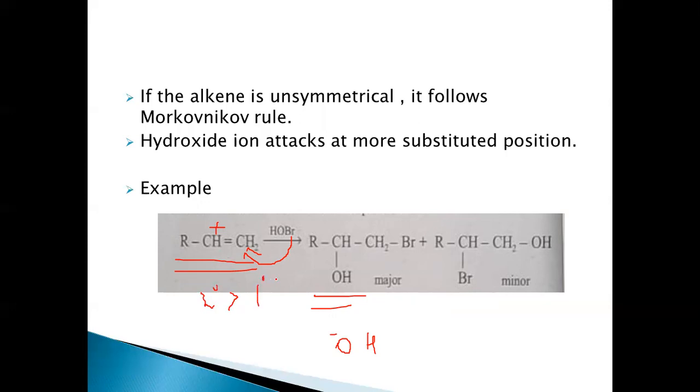So this is the major product which is observed. The attack of OH will take place at the secondary carbocation position in the second step. This product is major compared to this product, which is primary, where the alcohol is attached to the primary carbon.